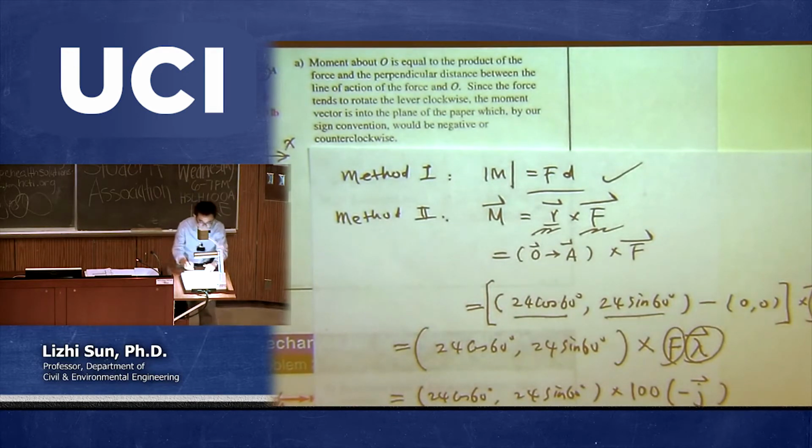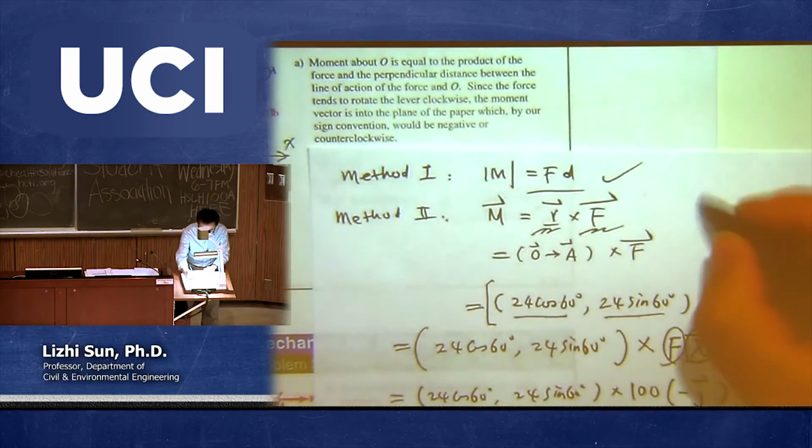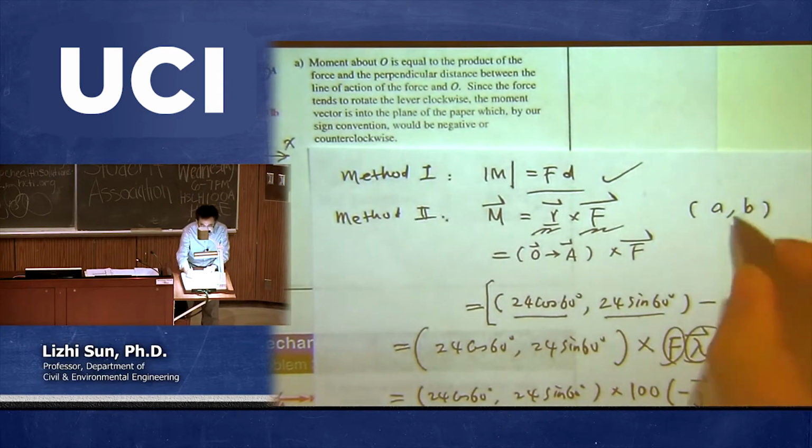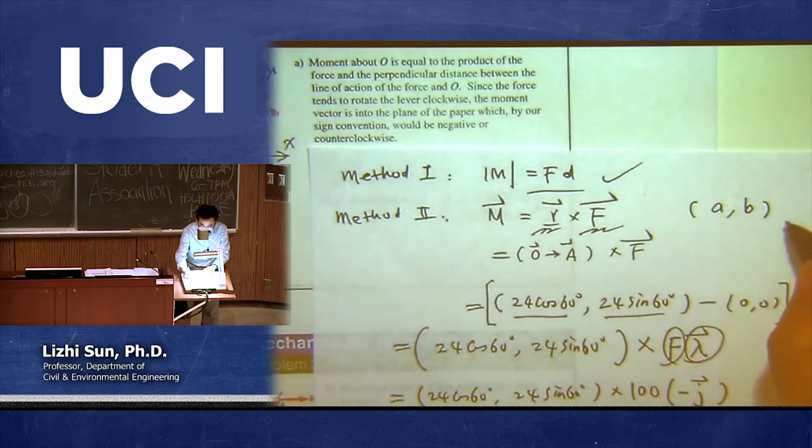In other words, if you want to write the components, the x component of the force is 0 and the y component is negative 100. That's also fine. Sometimes I use A comma B to show a two-dimensional vector, or you can write AI plus BJ.